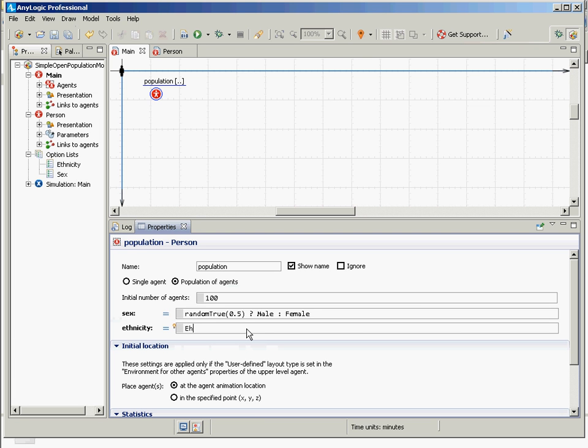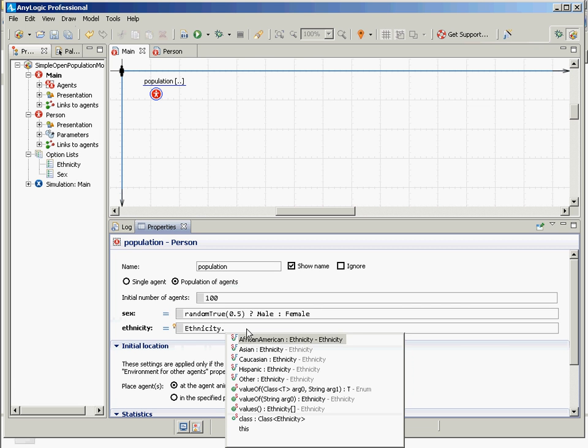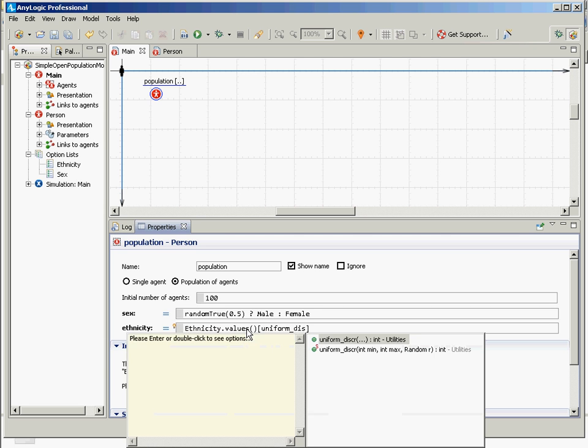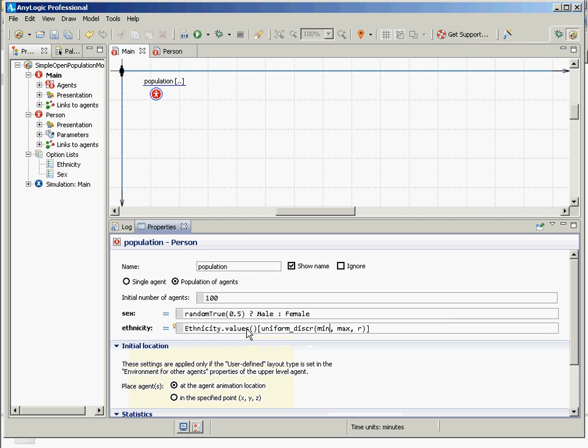So if you do ethnicity here, this is sort of a particular little need you'll have, you can use this ethnicities dot values. This will actually return sort of a vector of them, and then you could look up ethnicity 1, ethnicity 2. And so what I'm going to do is draw a uniformly distributed discrete variable, and I'll provide this to you in just a minute.